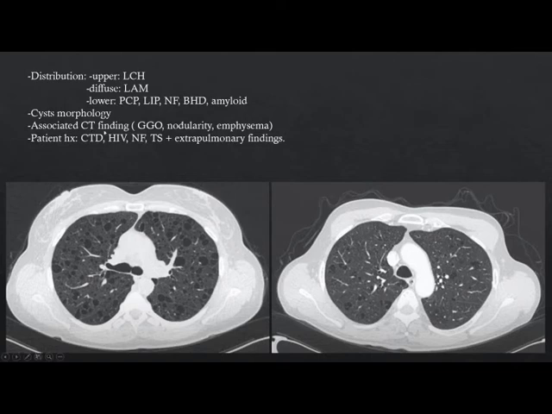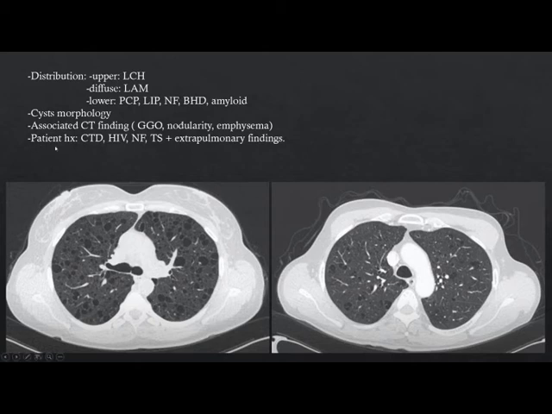Look for associated CT findings that may indicate specific disease, like the presence of ground glass opacity may indicate lymphocytic interstitial pneumonia or pneumocystis pneumonia in immunocompromised patients. The presence of nodules may indicate lymphocytic interstitial pneumonia, and the presence of emphysema may indicate LCH or any other air trapping disease.